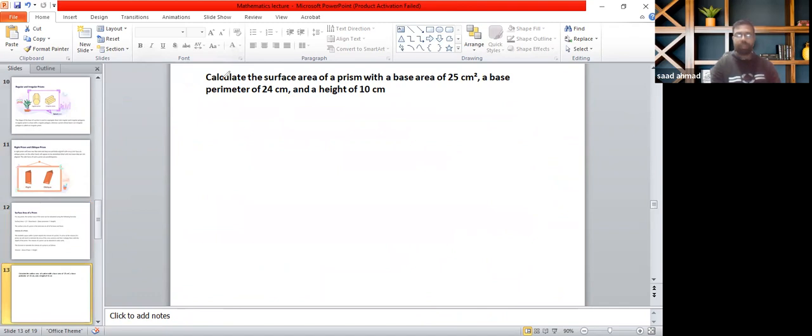Okay, we have another question. Calculate the surface area of the prism with the base area 25, a base perimeter 24, and the height of 10 centimeter. So we want to find the surface area. The formula that we did for the surface area was 2 times the base area, 2 times the bases, plus base area times the perimeter.